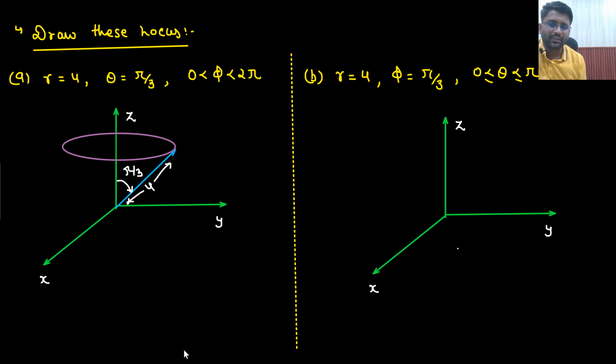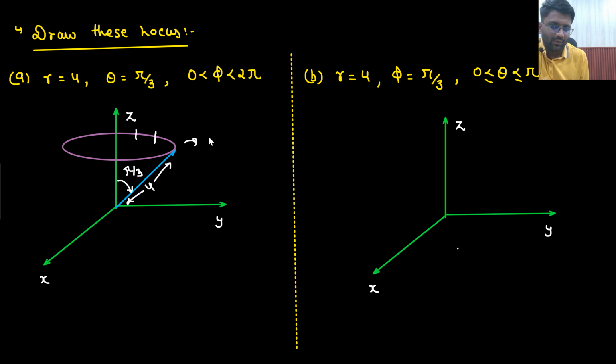This will be the locus. Now what will be a small portion on this line? That small portion will be in the direction of phi. You are only moving in the direction of phi, no?